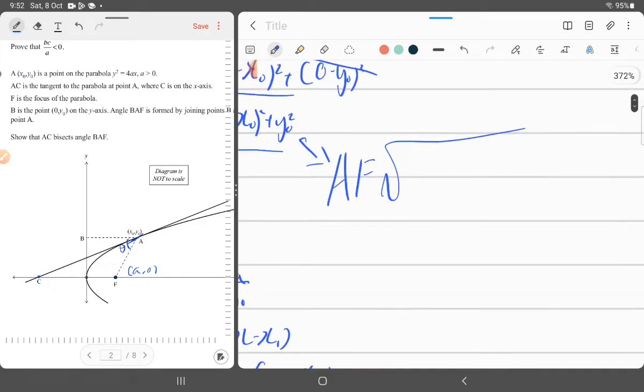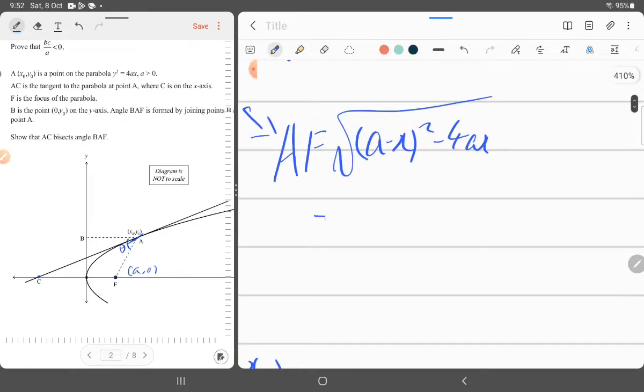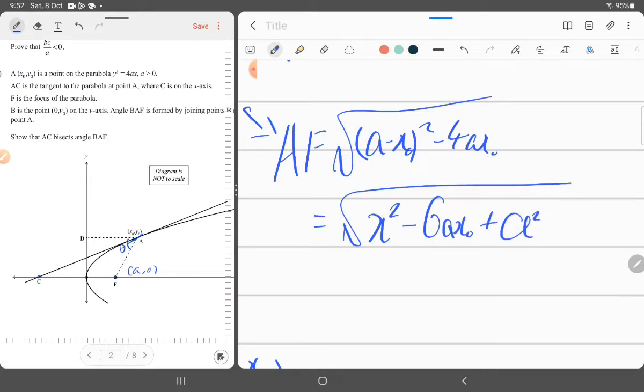So that's A minus x all squared minus 4ax, which is 2 x squared take away 6x0 plus a squared.